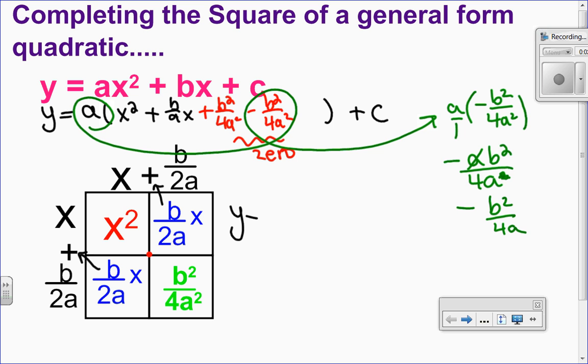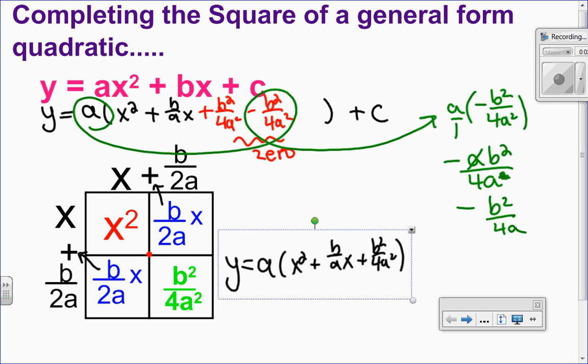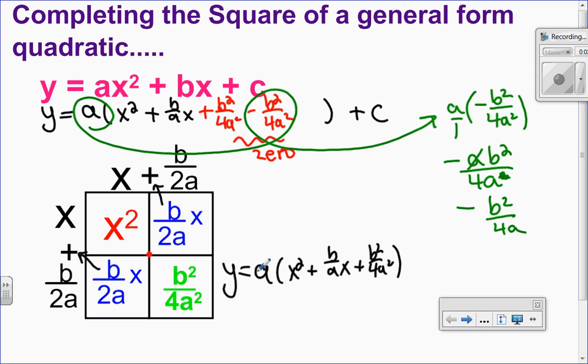So I have y equals a times x squared plus b over a x plus b squared over 4a squared. Let me just move this down so I have a bit more room. And then we just decided that a times my c value there is negative b squared over 4a, and that will be combined with the c on the outside.